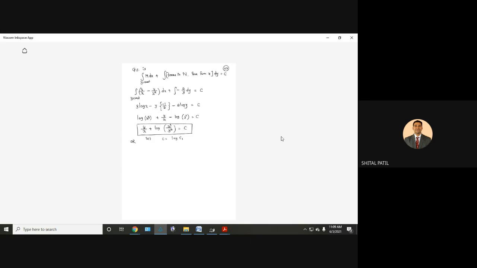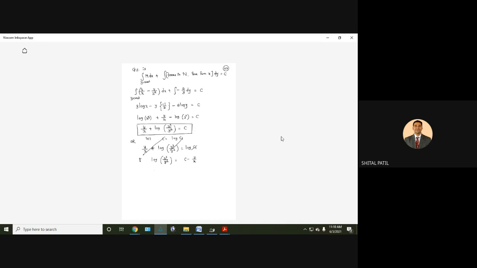Whether I am writing c or log of c1, there is no problem. Let me write the log terms on one side, or I can keep it as it is. Let me make a small change, please. Log of x cubed y squared equals c minus y by x.